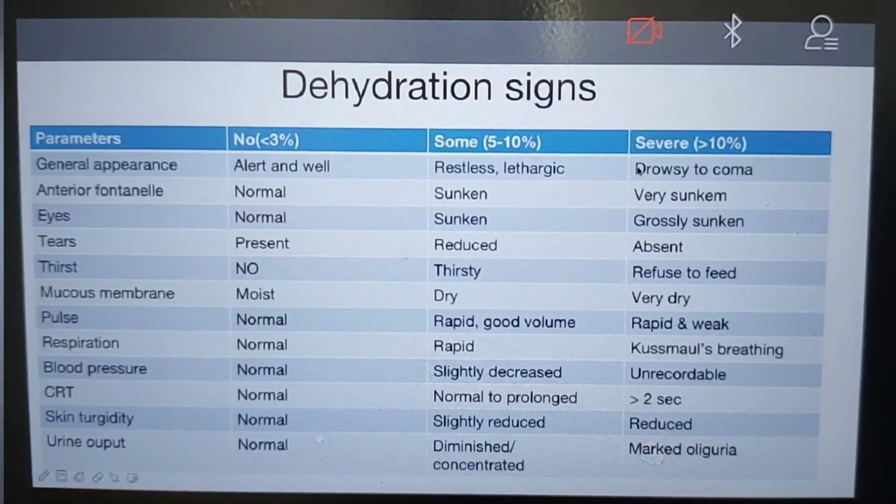CRT will be more prolonged in severe dehydration. Skin turgor will be reduced in dehydration. To monitor dehydration status, we can also look at urine output. It will be reduced, and if severe, there will be marked oliguria.